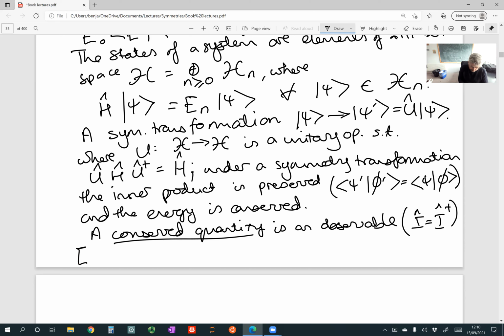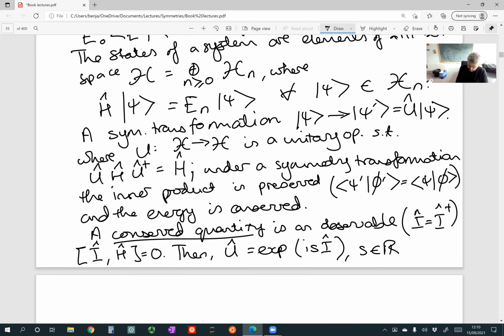And an observable is a Hermitian operator which commutes with the Hamiltonian. So then our operator U that we've introduced is the exponential of i s times this observable I hat, and s is real. Okay, so this U is a symmetry transformation.